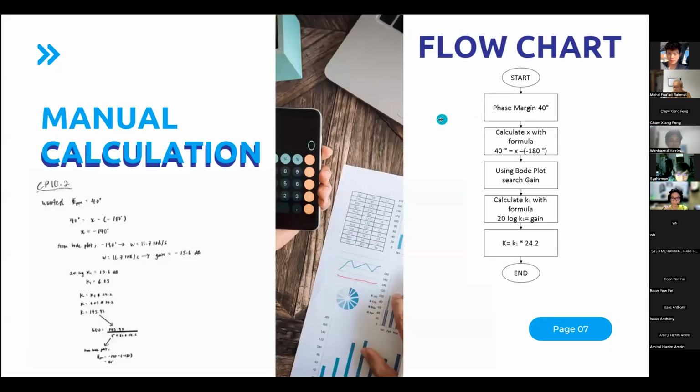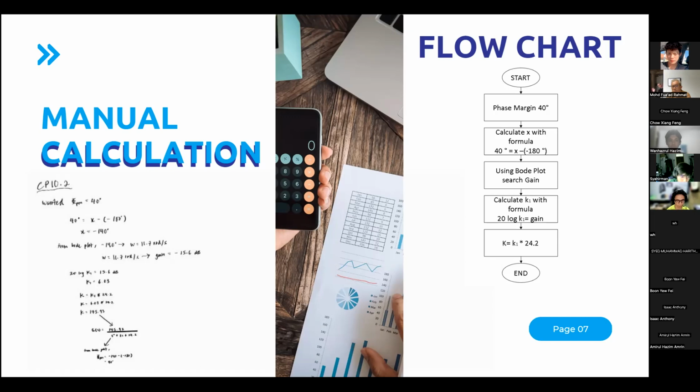This is the flowchart and the manual calculation. The question asks for a 40 degree phase margin, so we search for the phase where the angle plus 180 equals 40, so the phase equals negative 140.